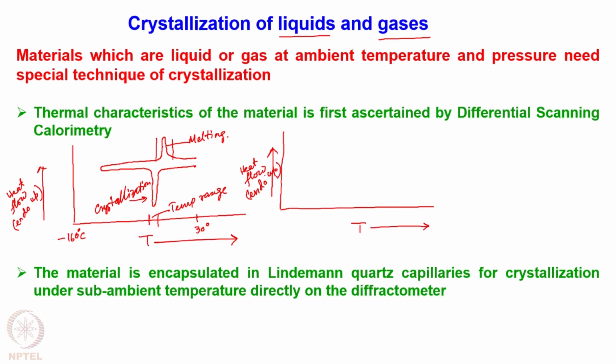The first type of liquid is shown here, which is very simple, which on cooling from room temperature crystallizes at a temperature just lower than the room temperature, can be crystallizing at 0 degree centigrade, can be at -15, -20, maybe -30, -40 degree centigrade.